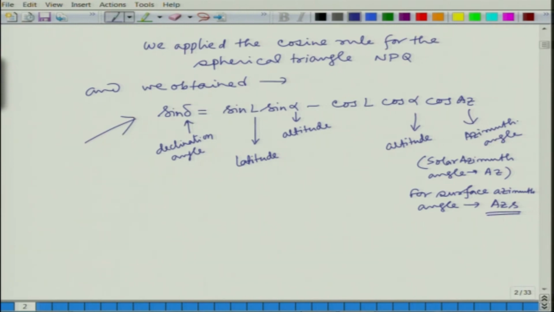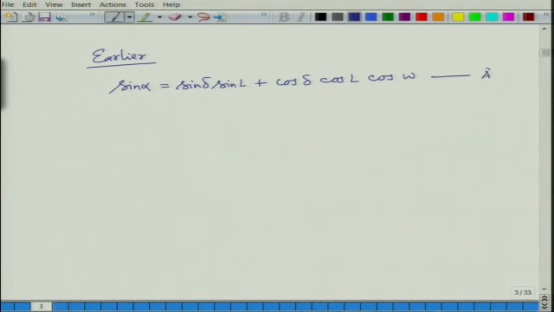Now, if you look at the earlier notes, what we obtained is this relationship: sin delta sin L plus cos delta, cos latitude, cos hour angle. This we have seen earlier. Let me name this relationship A. And now what we got?